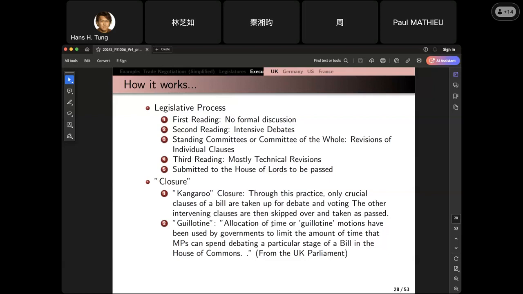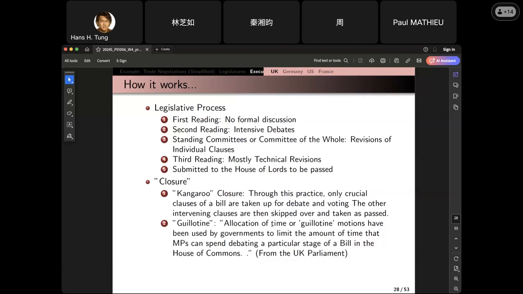Why is it called kangaroo closure? Because kangaroos jump, right? So you jump to those clauses that are crucial and skip those that are not. So it's a kangaroo closure used to help expedite the passing of the bill. Another thing is what they call the guillotine.